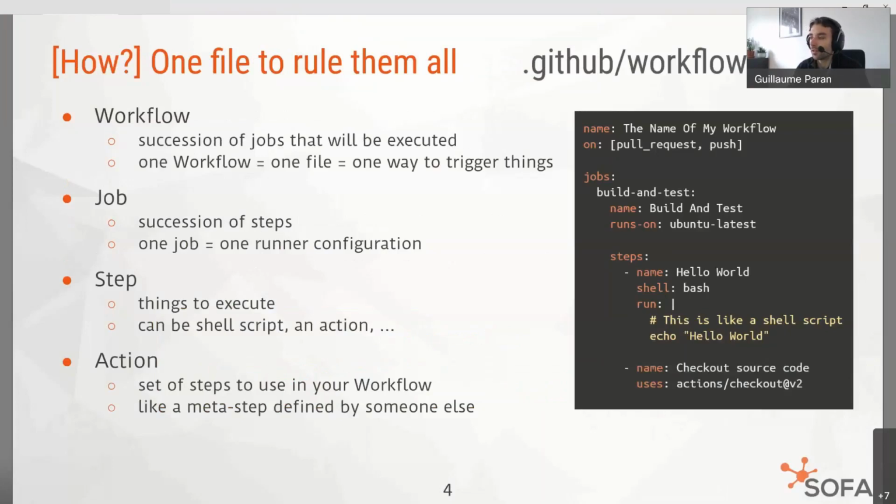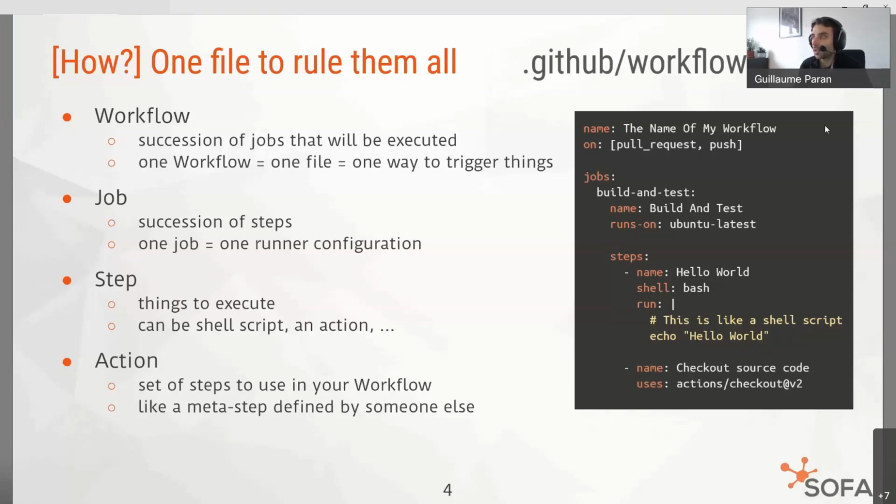At least on the examples that I will show you, everything goes through one file, only one. But basically, you can do what you want. If you want to separate the builds into multiple files, you can. But to keep things as simple as possible, I like to put everything in one file.